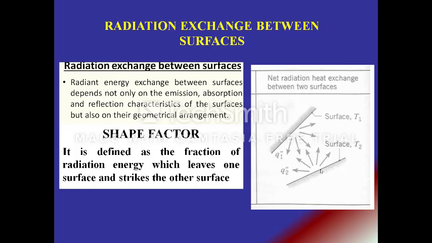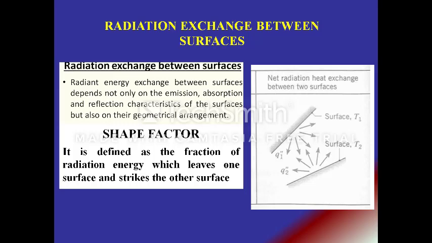Another case: suppose I keep the two plates inclined to each other as shown in the figure. Even our common sense will tell us that all the energy coming from surface 1 will not fall on surface 2. The majority of the energy will fall on surface 2, while some may escape because they are not facing exactly each other. They are inclined.